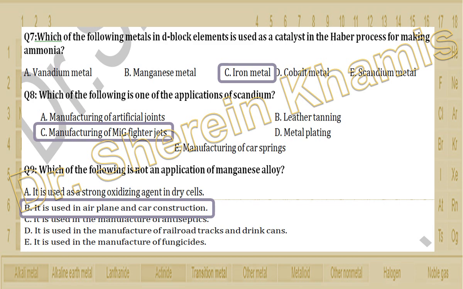That is not one of the uses of manganese as a transition element. The others are uses: a very strong oxidizing agent that we use in the process of reduction, anti-spects and fungicides, and all the drink cans and railway roads, made from manganese alloy that is helpful and resists corrosion. But it is less intense, so it is not an application for airplane and car construction. Okay, let's go to question 10.